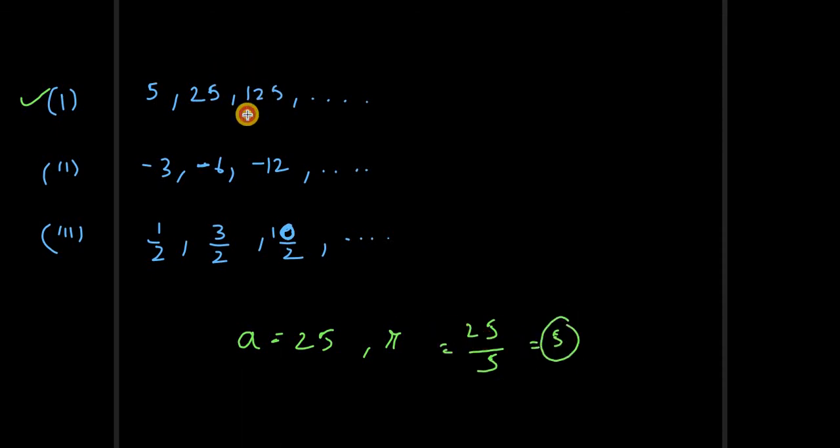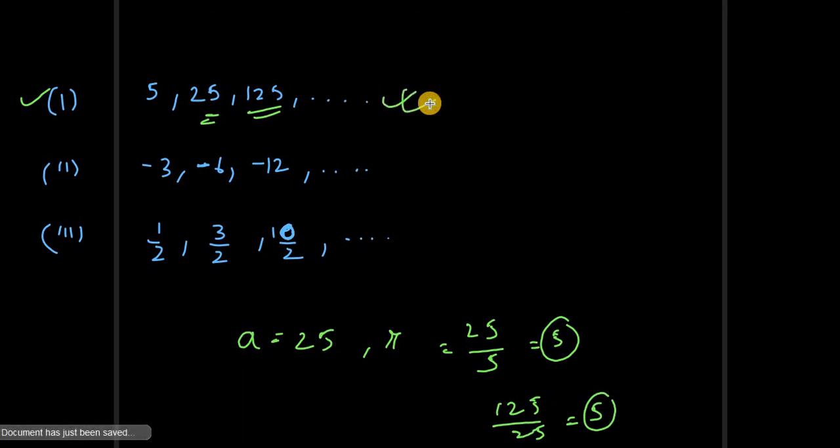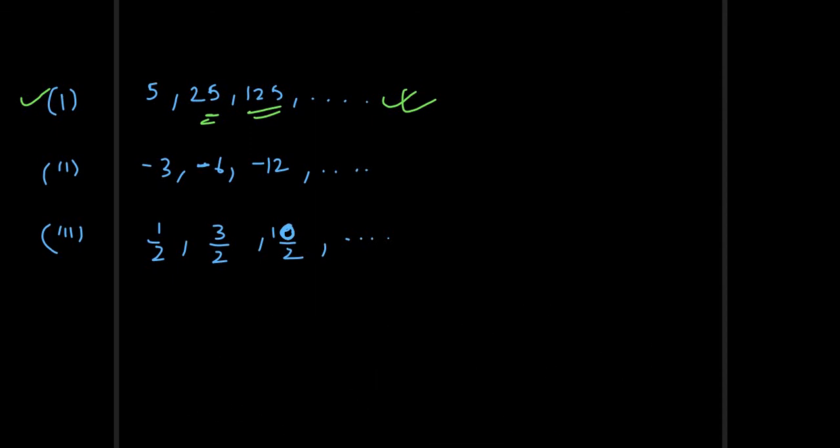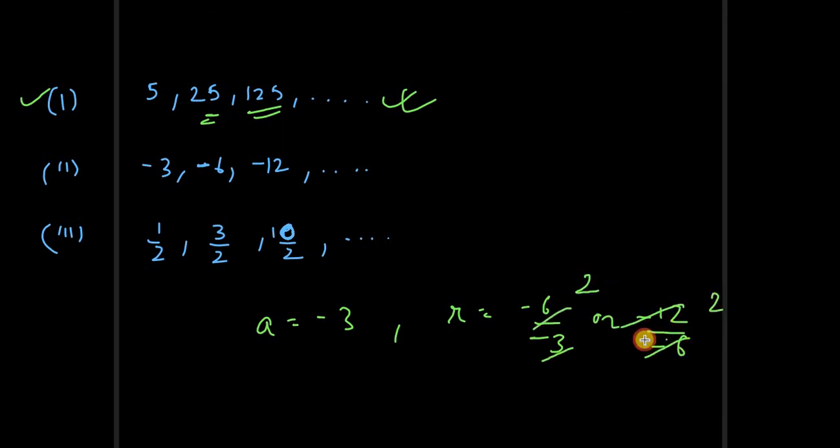We have to check with this one also, that is 125 by 25, which is again 5. So yes, this is a geometric sequence. Now let's check the second one. a is -3 in the second one and r will be -6 by -3, or we can write -12 by -6. In both cases we got 2. So yes, this sequence is also in geometric progression.